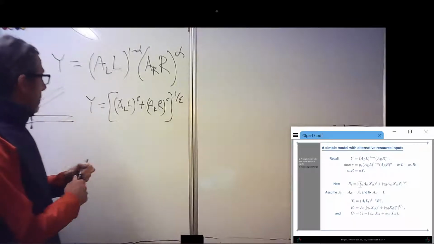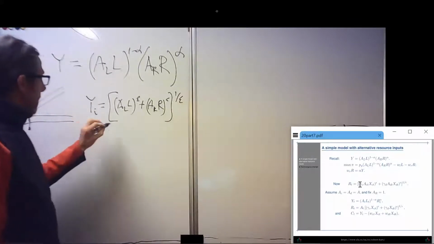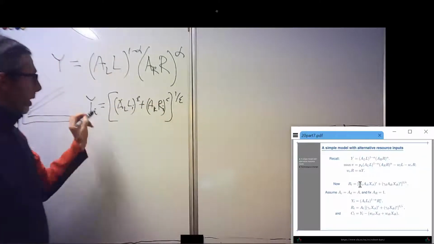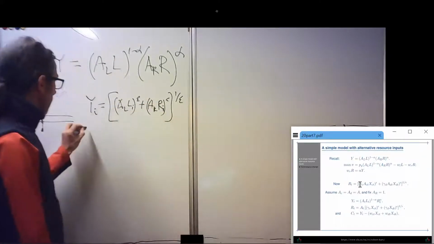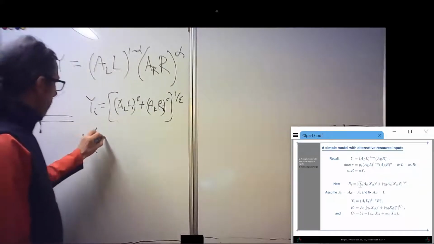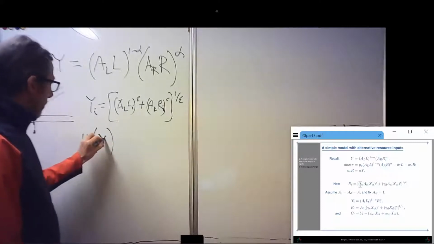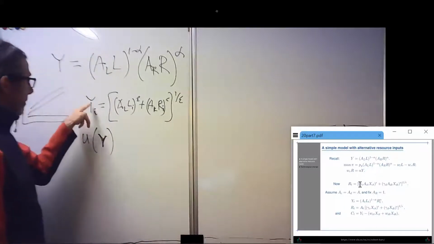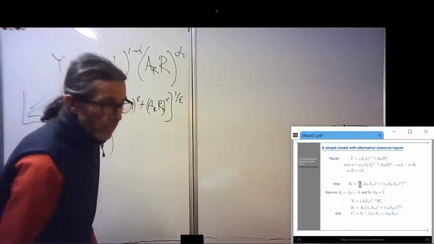Another idea is to say there's actually lots of different products. So this is the production function for one product. And then we've got some overall utility function of all the y's, where this could then represent a vector of yi's, for instance.